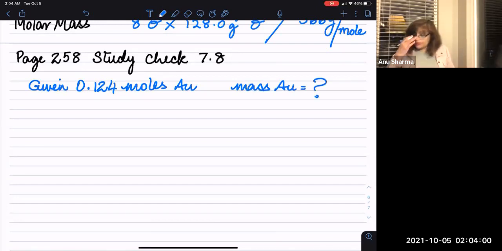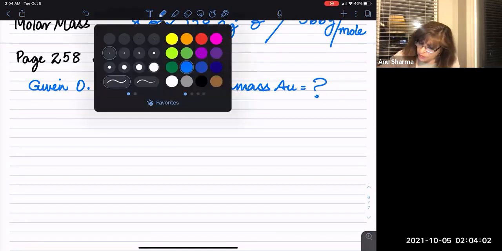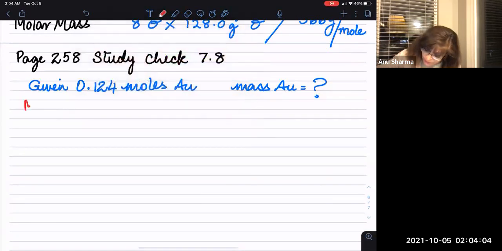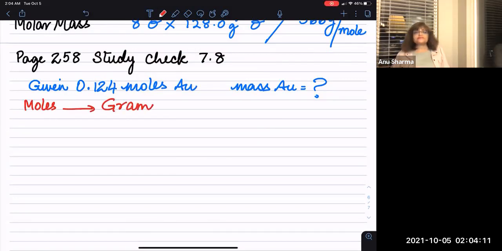Okay. So we are looking at the moles to, very important, this is moles to grams conversion. Okay, moles to gram. So what do we know?